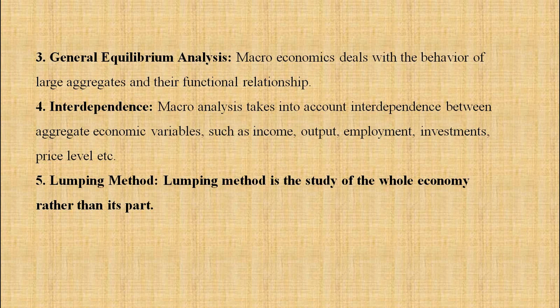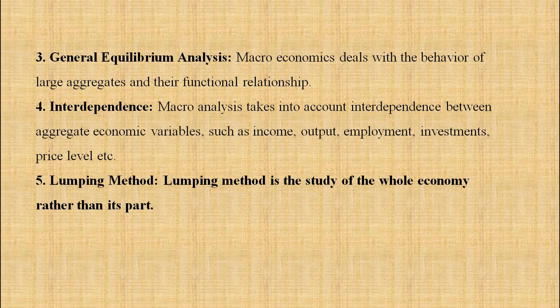Next, lumping method. Lumping method is the study of the whole economy rather than its parts. In microeconomics we discussed the slicing method, that is a small part. The question can be to distinguish between lumping method and slicing method. Under macroeconomics there is a lumping method. Lumping is the study of the economy as a whole, not as a part.